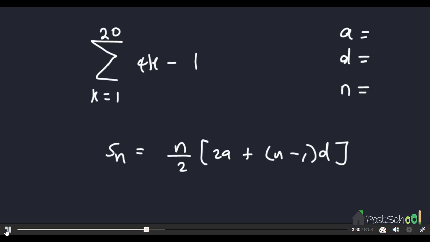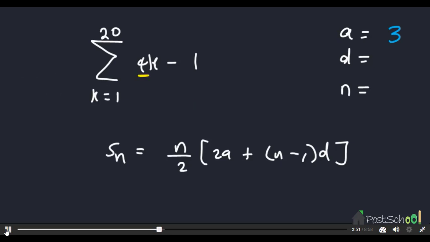If we are given this and you don't have the series, just substitute 1 for k. You get 4 times 1 minus 1, which gives you 3. And how can you get the difference?